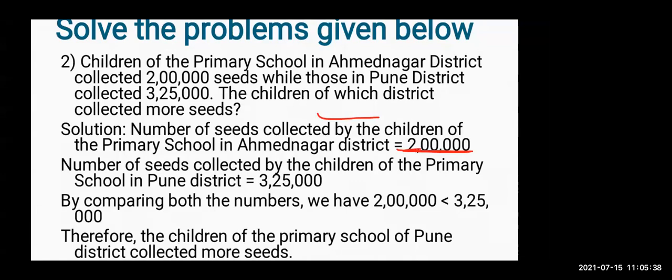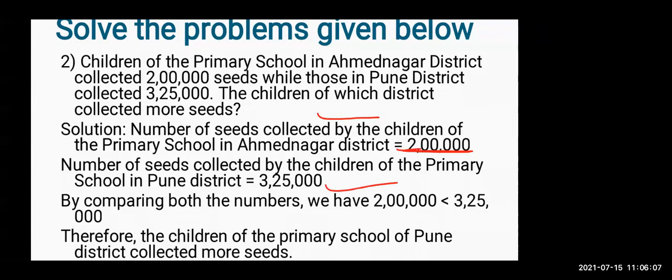So your first statement will be: number of seeds collected by the children of the primary school in Ahmednagar district is 2 lakh. Now next, the number for children of Pune district. So number of seeds collected by the children of the primary school in Pune district. How many are in Pune district? 3,25,000. Now you will compare.